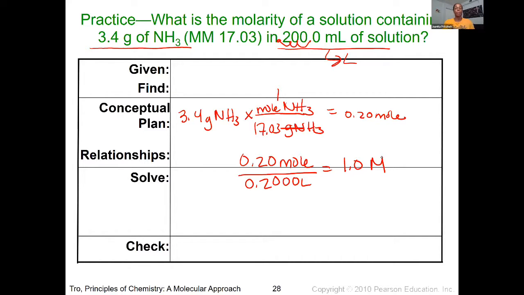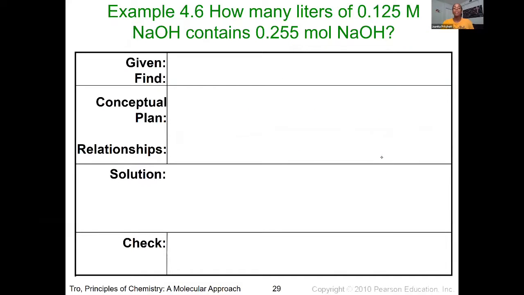Good. Next problem. This one says, how many liters of 0.125 molar NaOH contains 0.5255 moles of NaOH? So now in this case, we're solving for the volume. It's asking for liters. So again, look at that triangle thing. If you don't really like rearranging equations, this could help you. So again, you cover up the one you're solving for, and that will give you your equation.